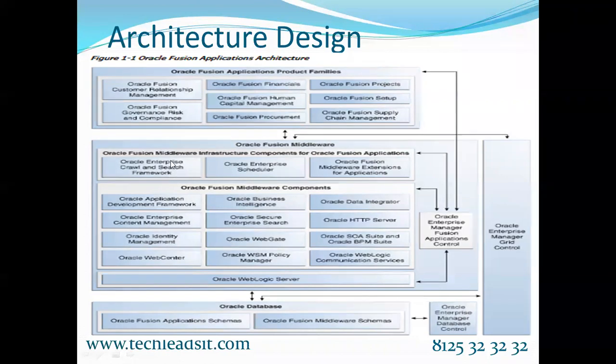That is completely maintained by this component, a separate component maintained by Oracle to provide the search mechanism in our Fusion applications. These three components are only for Fusion applications.